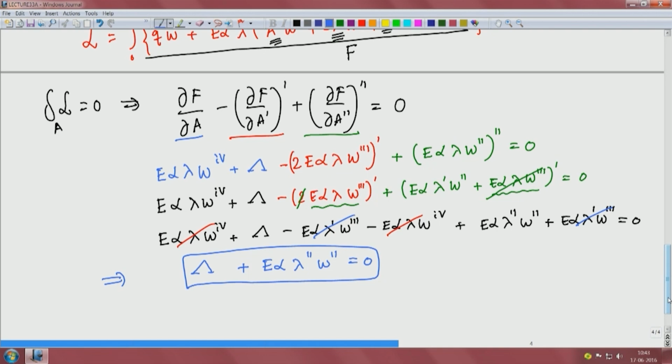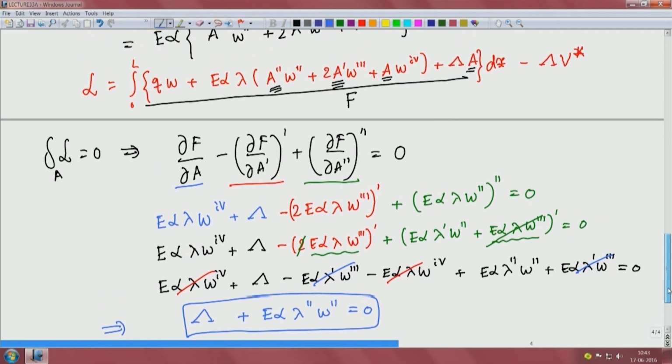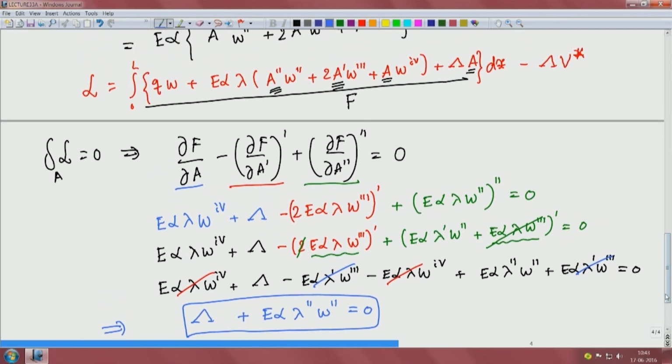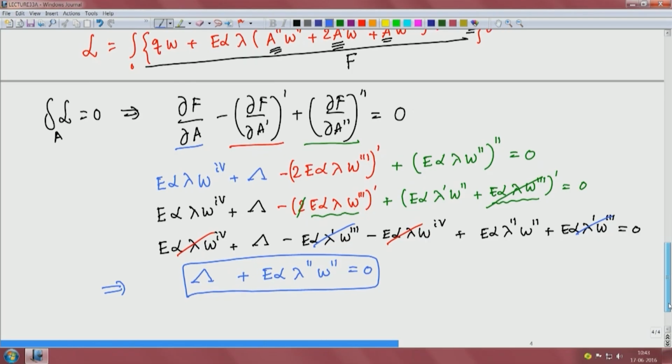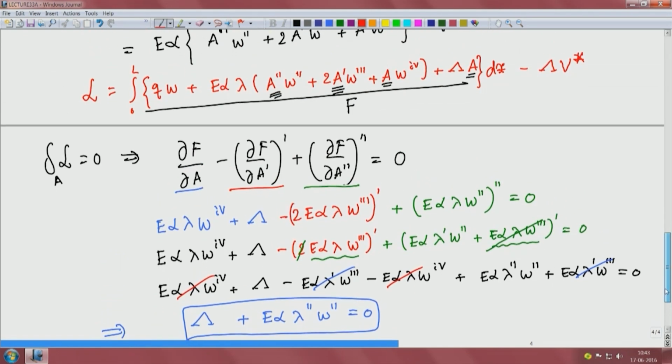So, then we proceed to do this variation of the Lagrangian with respect to w. For us to write, I think we have to rewrite this Lagrangian down here, so that we can easily take the variation. So, instead of writing the whole Lagrangian, let me just write the integrand of the Lagrangian. I will just write f, that is qw plus lambda times the fourth derivative, right.